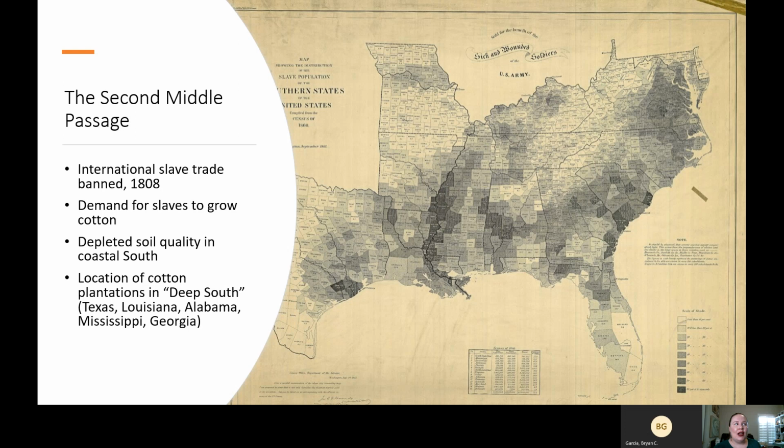So you can see here, this is actually a map from 1860 showing where the slave population was the most concentrated. The darker the area, the bigger the concentration. So you can see a really heavy concentration along the Mississippi River Valley, and especially around this area. This is why we call this the Cotton Belt.